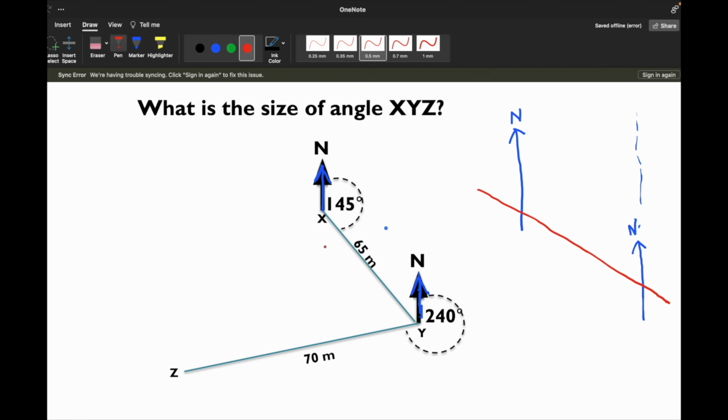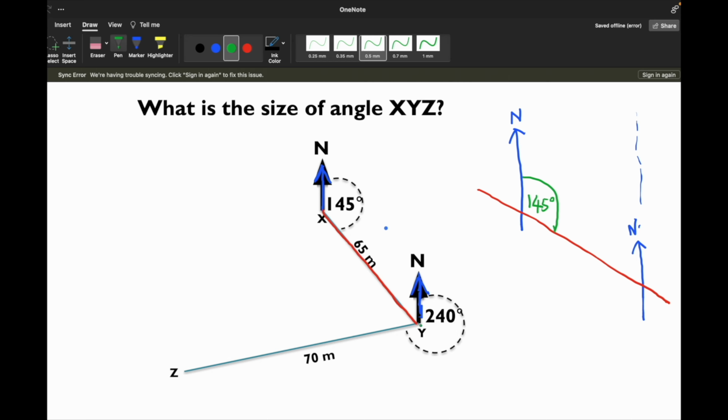So in this case, that line represents this here, okay? Now, I know that the angle here is 145 degrees. Now, the fact that we have a corresponding angle, I know that this angle up to this point would be 145 as well, okay?